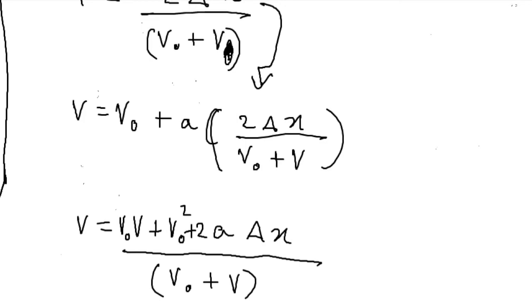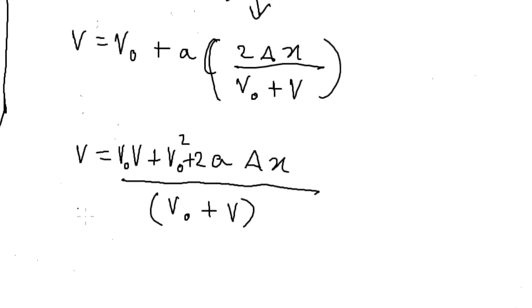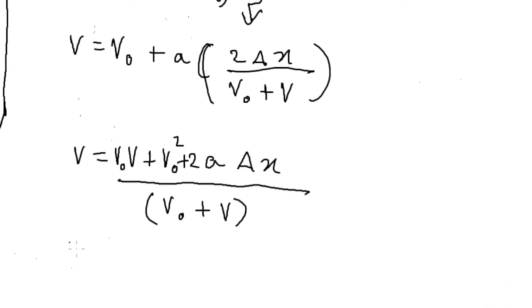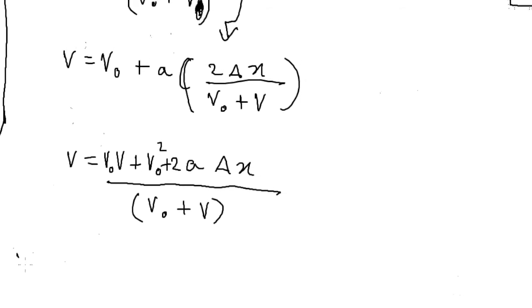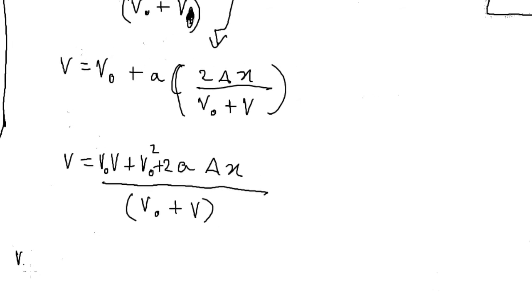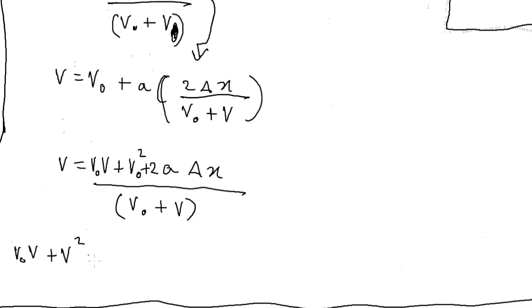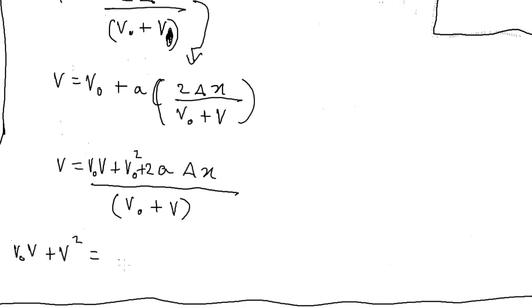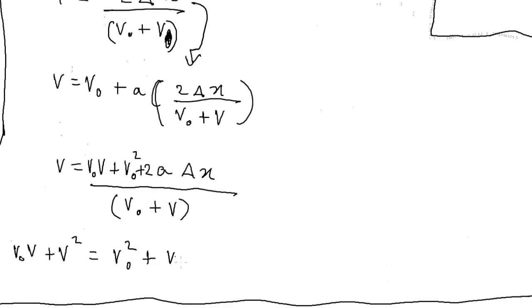Now multiply both sides by initial velocity plus final velocity, so you get another denominator, and what you get on the left hand side is initial velocity times final velocity plus final velocity squared, and that equals the initial velocity squared plus final velocity times initial velocity plus 2 times the acceleration times displacement.